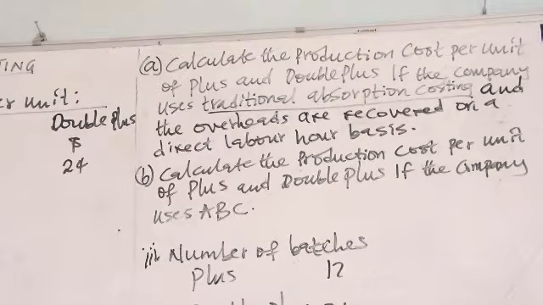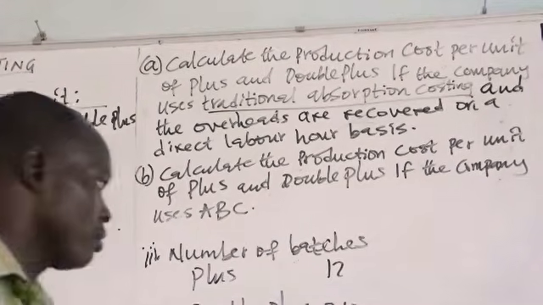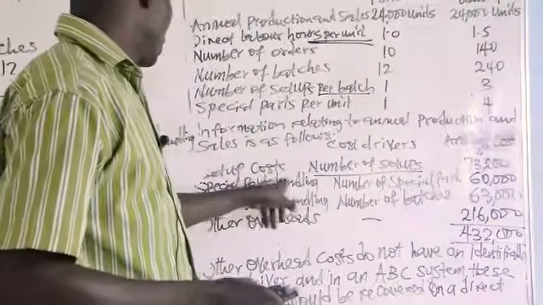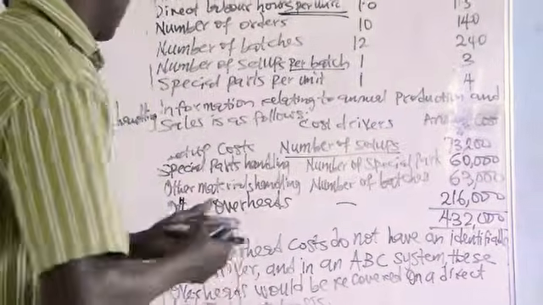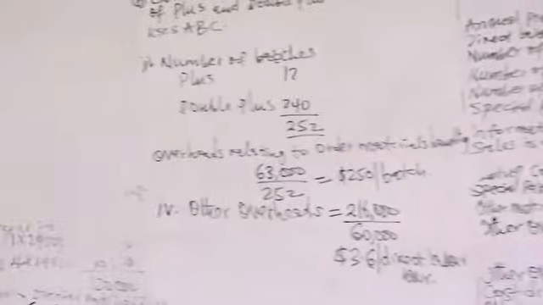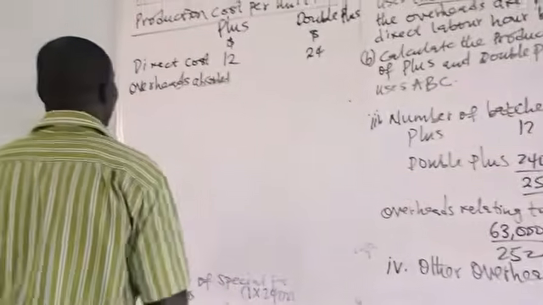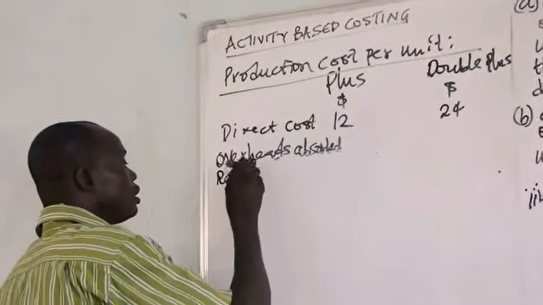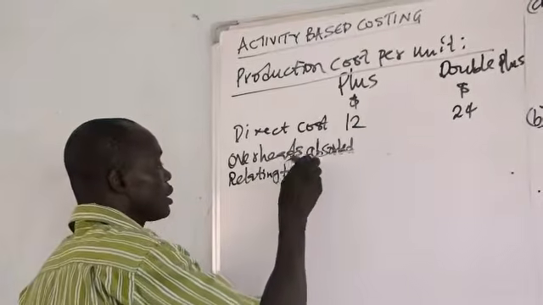If activity-based costing is used, what will be the overhead per unit? We have computed the rate at which setup costs should be recovered. Okay, overheads relating to setup now.